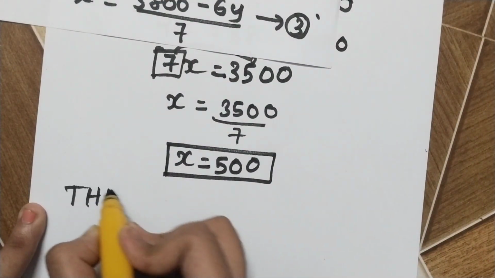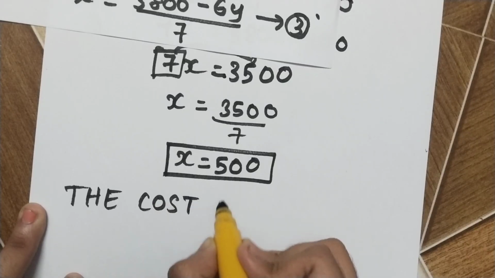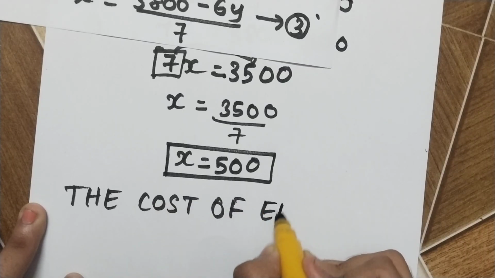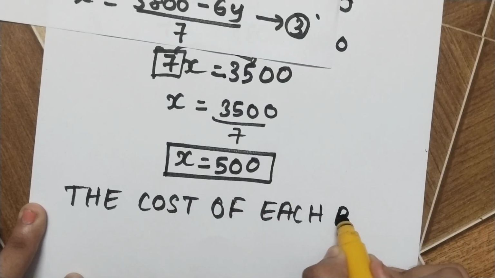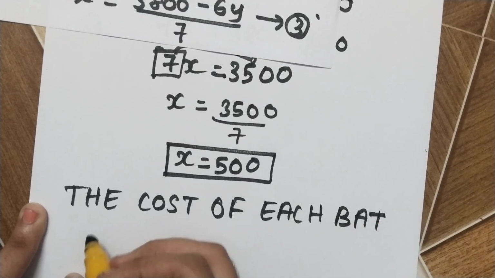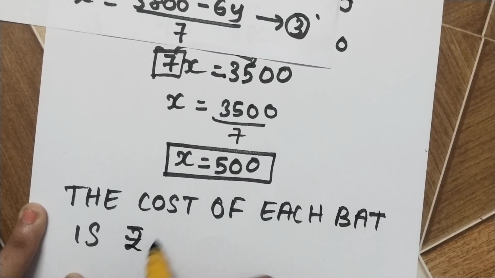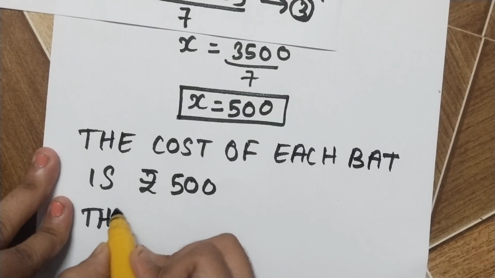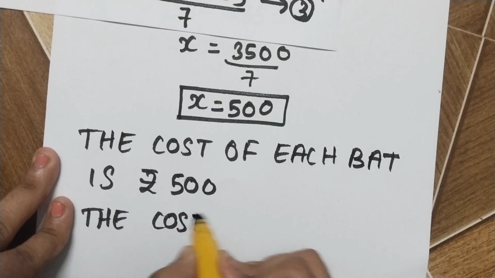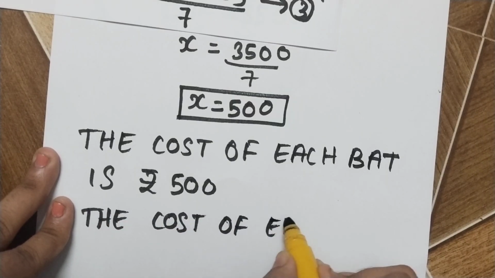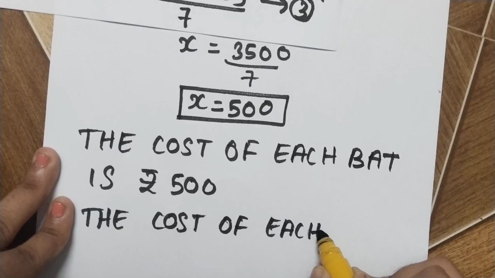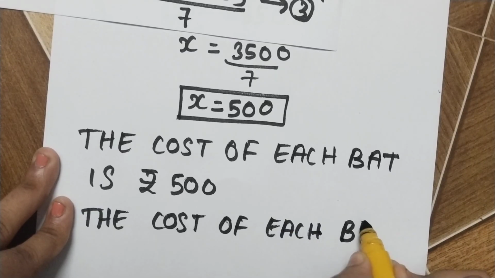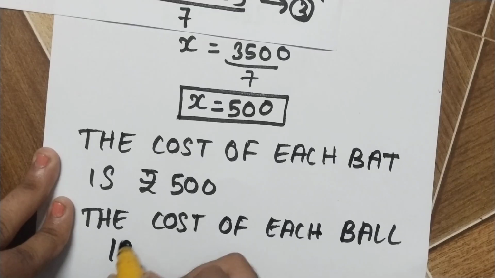So the cost of each bat is rupees 500. The cost of each ball is rupees 50.